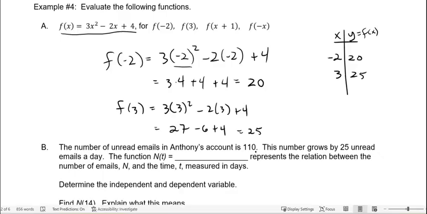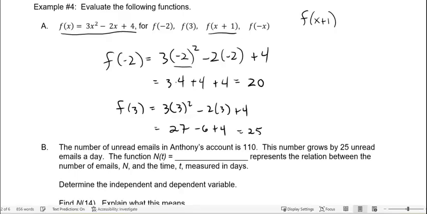Okay, let's do this one next. This is an interesting one. So we'll have to use our algebra skills sometimes to evaluate functions at non-numeric values. Okay, so a non-numeric value, we know what f of x is, but what's f of x plus 1? Well, I treat it the same way.